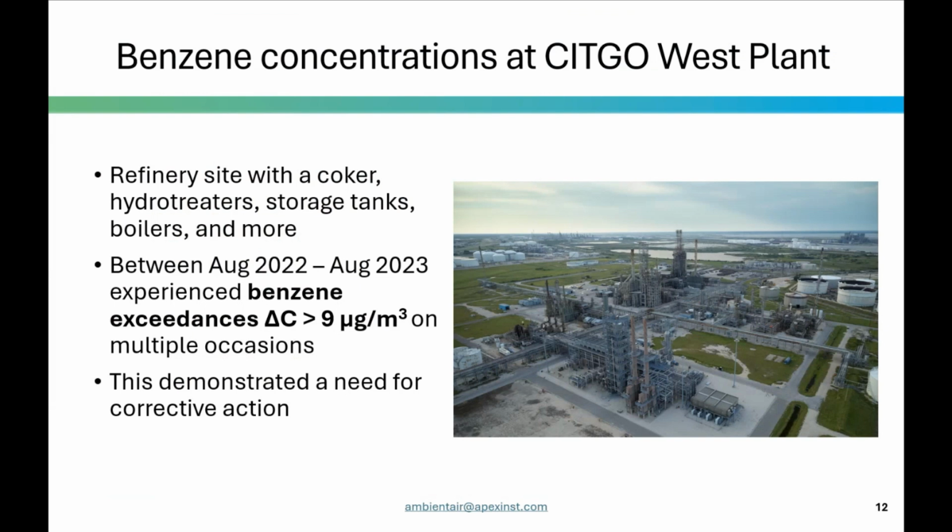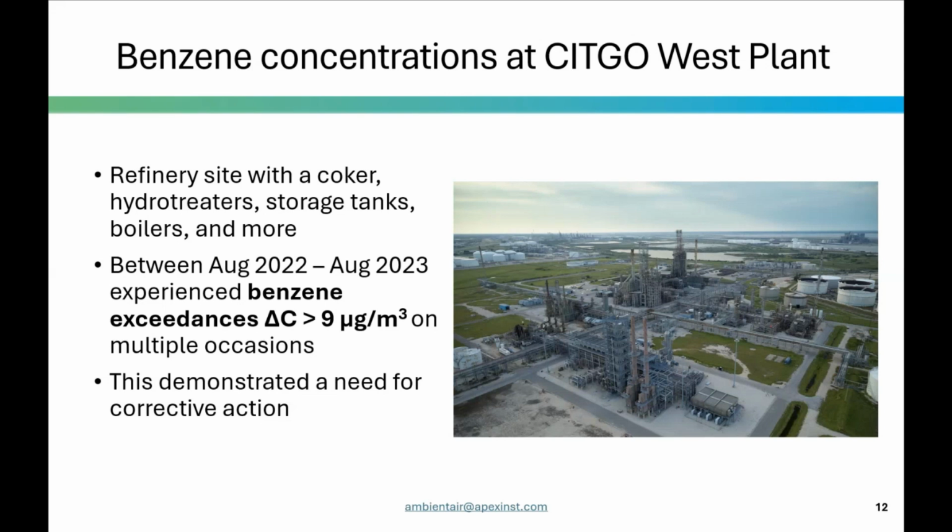Additionally, the CITGO West Plant Refinery has several process units, including a coker, hydrotreaters, storage tanks, boilers, and more. This site is subject to regulation under Title 40, Part 63, and has been measuring VOCs via Method 325 using passive sampler tubes since the regulation existed.